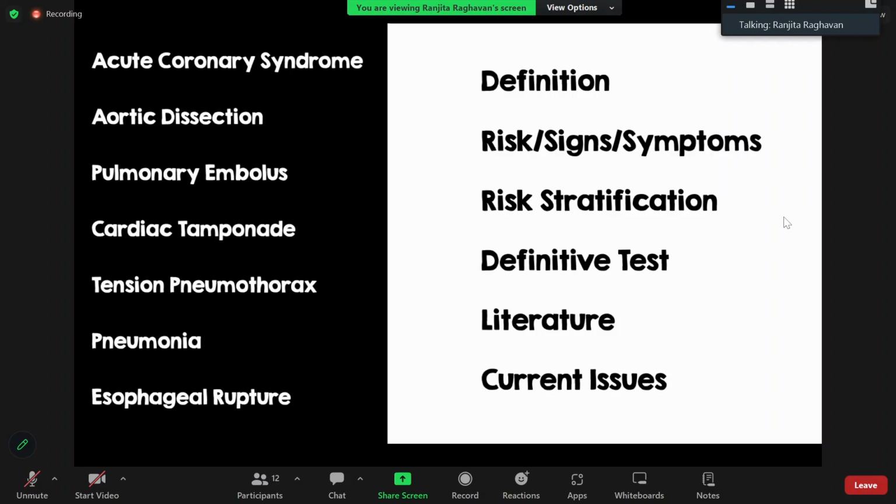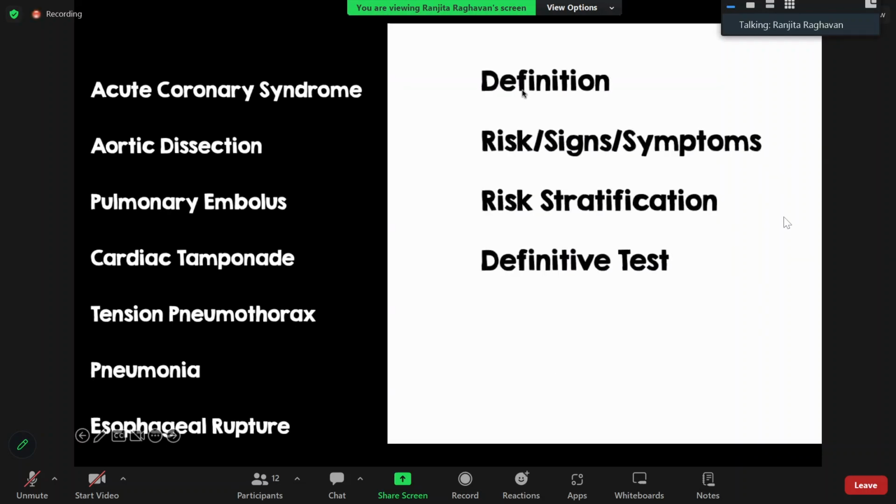There was a whole section on literature and current issues in the original version of this lecture, but it's a lot to go into today because we want to also just go through the cases. But always it's good to know what the current literature is and know where you should look up to find out more about that thing, right?